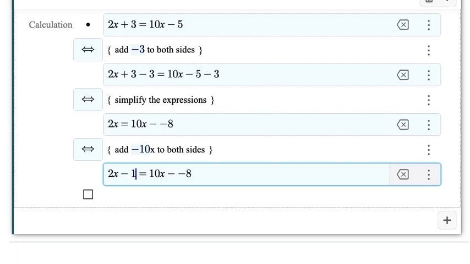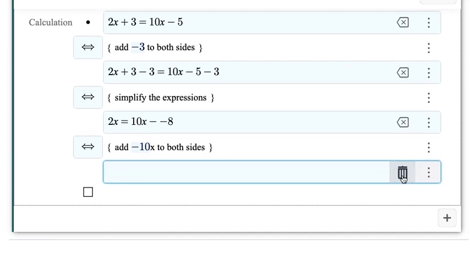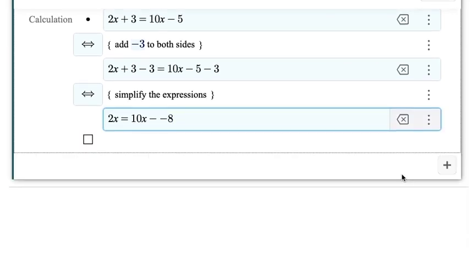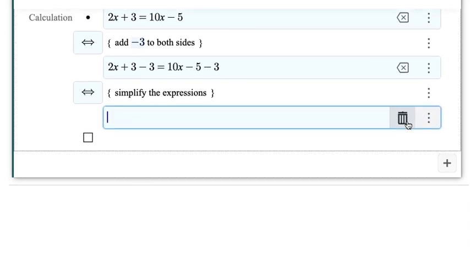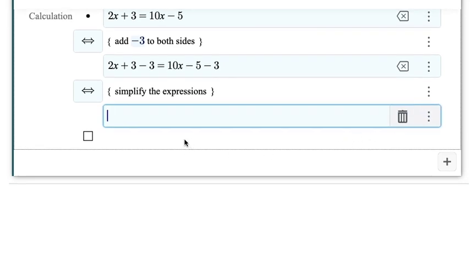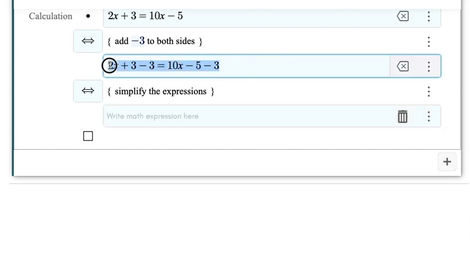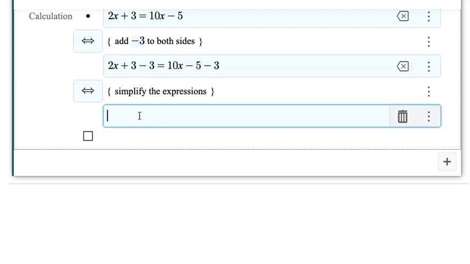minus 10x, and this is minus. And then we simplify both expressions.